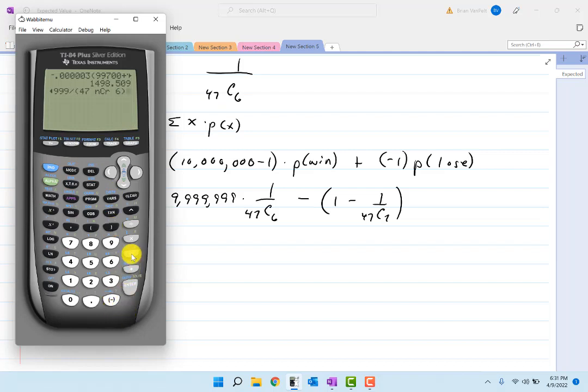And then I'll do minus in parentheses now 1 minus 1 divided by, same deal, in parentheses, 47, Math, number 3, 6, finish that parenthesis. Now I also had a parenthesis in front of this one, so I need to put this parenthesis here after the 1 over 47C6. And enter.